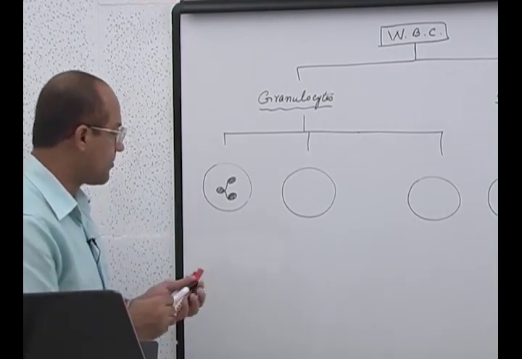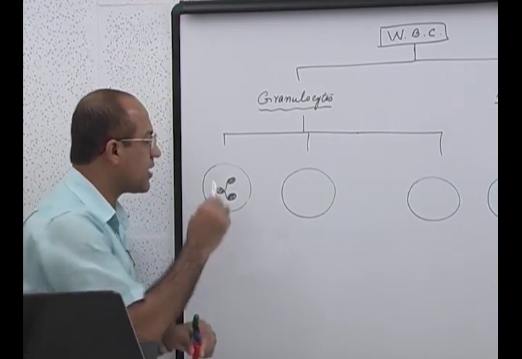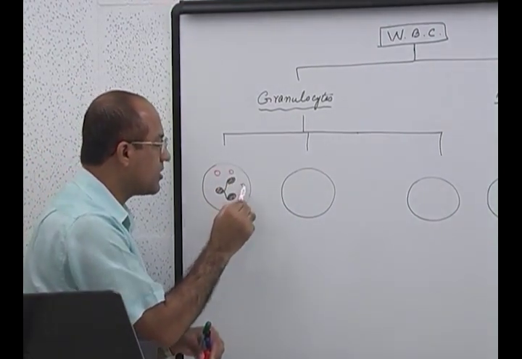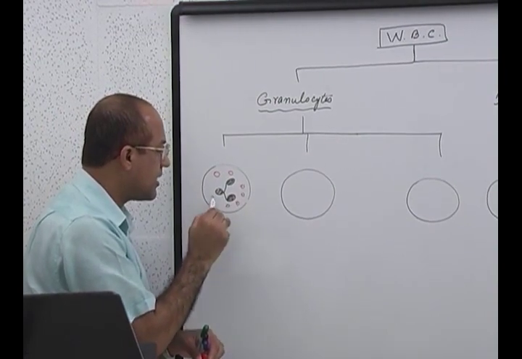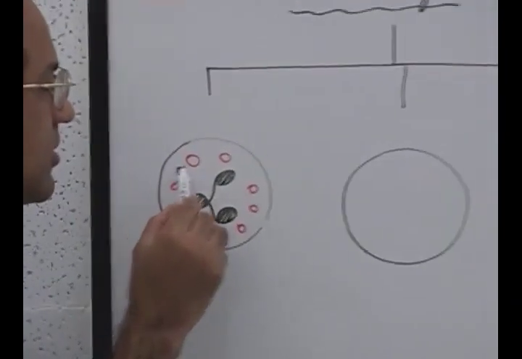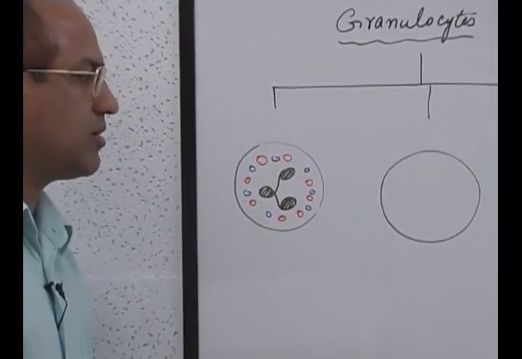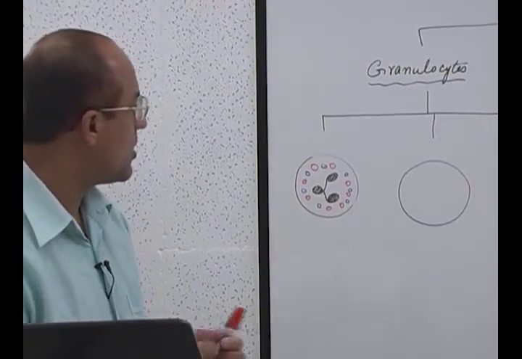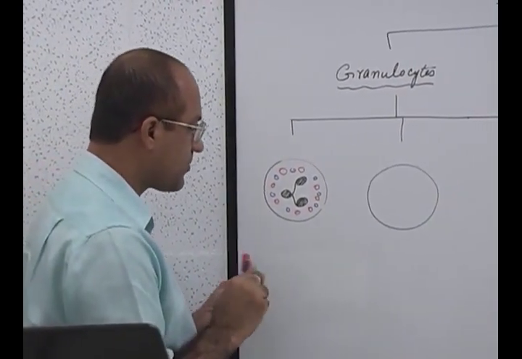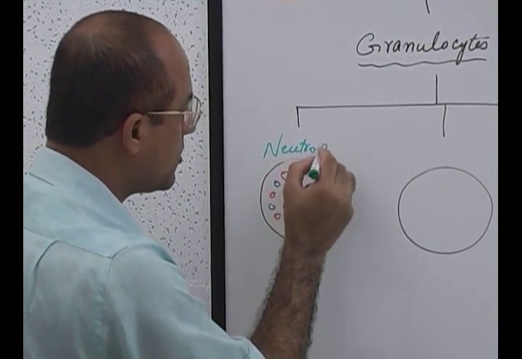And with that, they have some granules which stain eosinophilic, taking the acidic dyes, and some granules which take the basic dyes. These are neutrophils.